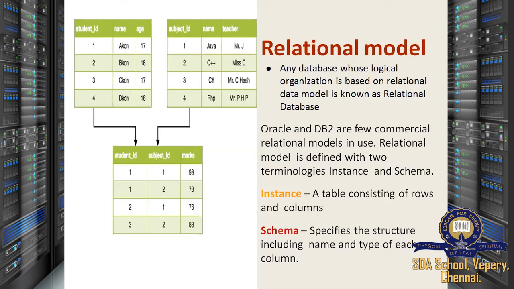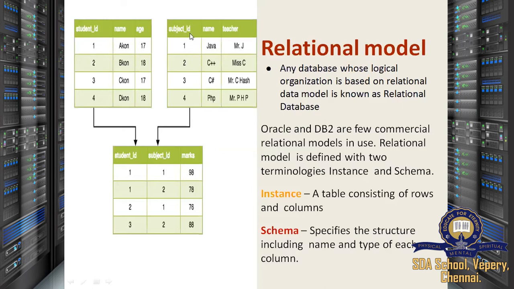When you talk about relational model, all these tables in this model are related together. How are they related together? Now take your table 1 and table 3. In table 1, we have the attribute student ID. The same attribute can be seen on table 3. Take table 2. We have subject ID.